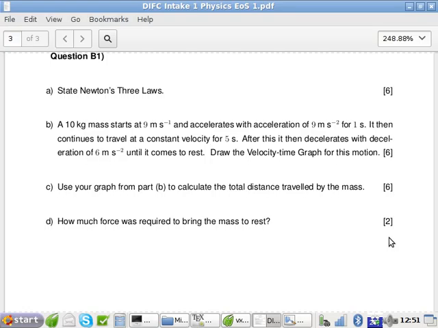Your graph should go up, across, and then down. And part C, how do you use this graph to get the distance traveled? It's the area. And lastly, the force: F equals ma. So you need the a. How do you get the a at the end? The slope.